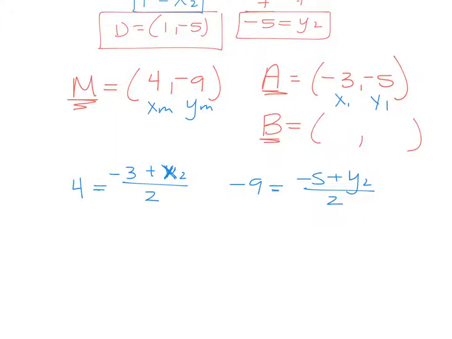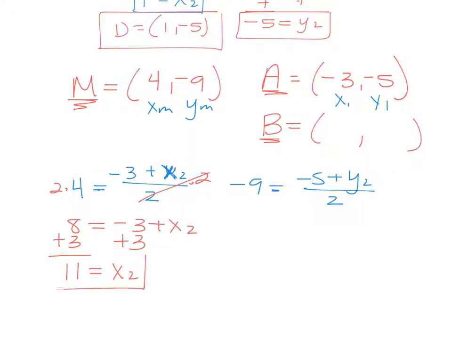Okay, so if you're going to do the second way, this would be your initial setup. Okay? I would multiply by 2 here, multiply by 2 here, so you'd get this. Okay, and then I'm going to do this. So that'd be your x value. That's going to go here.